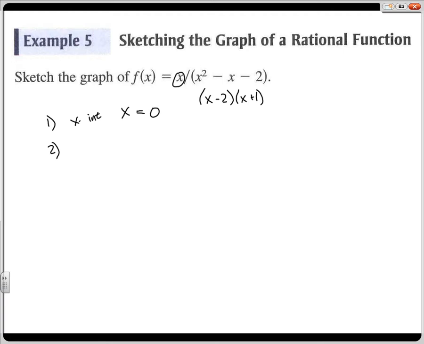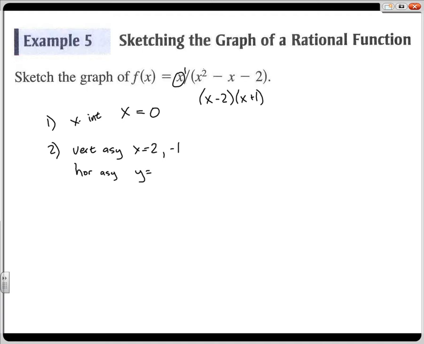If we find the vertical asymptotes, for asymptotes it's going to be x equals 2 and negative 1, and our horizontal asymptote is going to be y equals, let's take a look at the degrees here.